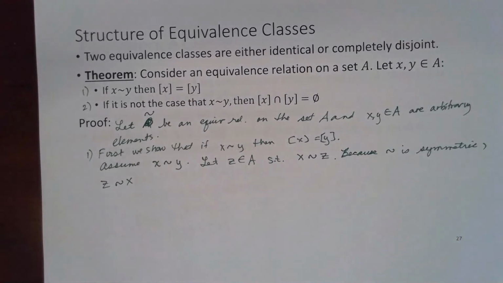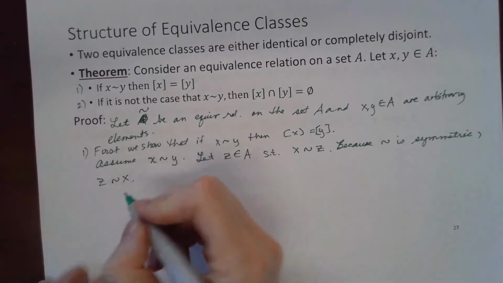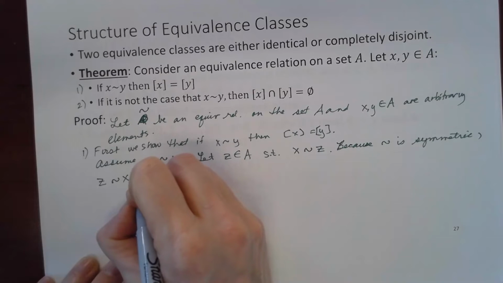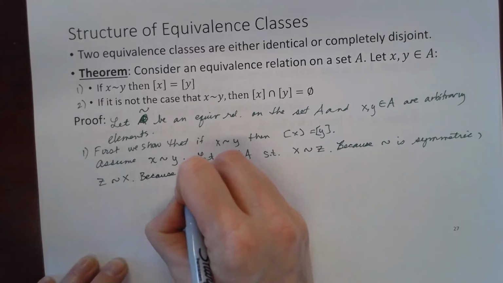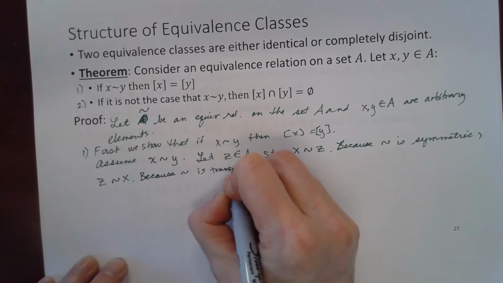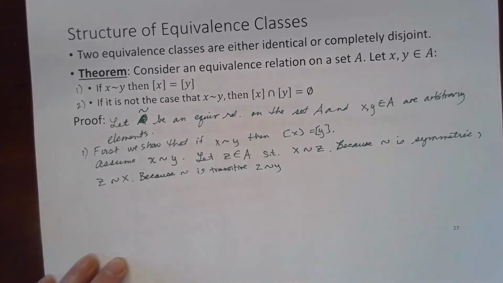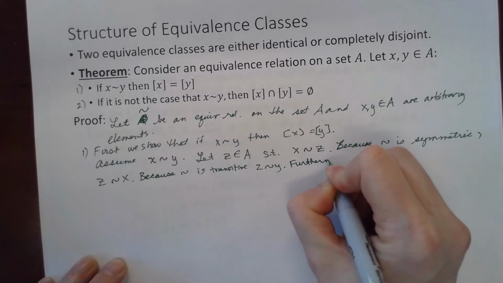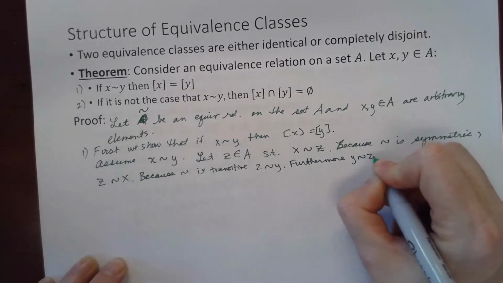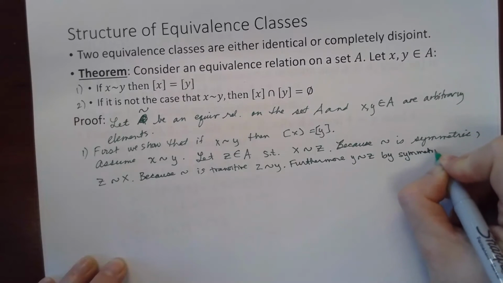We could also get y related to z through symmetry. So, because the relation is transitive, we get z is related to y. And furthermore, y is related to z by the symmetric property.